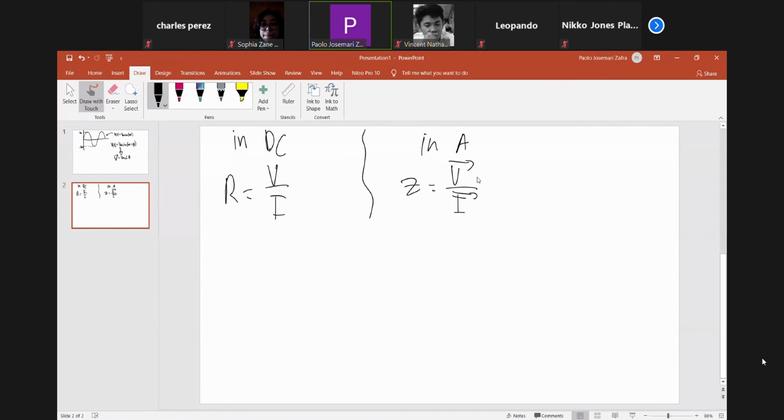So since your Z is a complex number, it could also be represented by two components, diba? If we write it in rectangular form, that would be R plus jX. Okay? So your R here is the resistive element of the branch. So this is the resistive element of the branch. So this is a real physical number. This is a real number, no? That is attributed to, again, the resistive component of the branch.